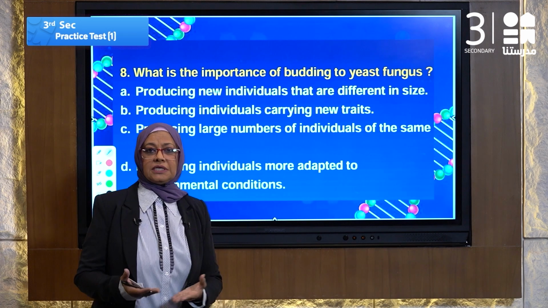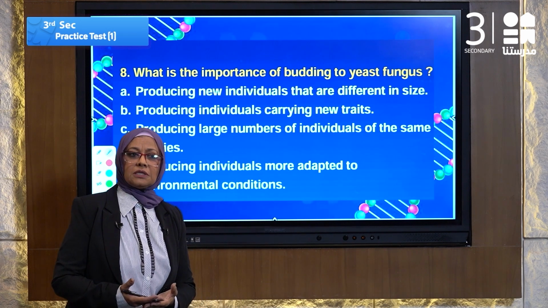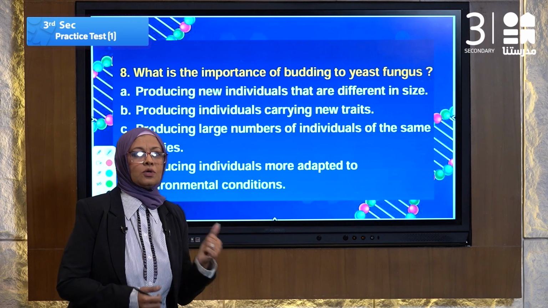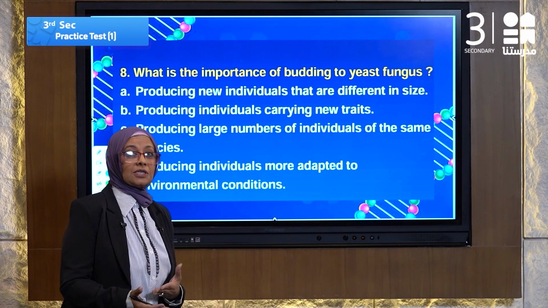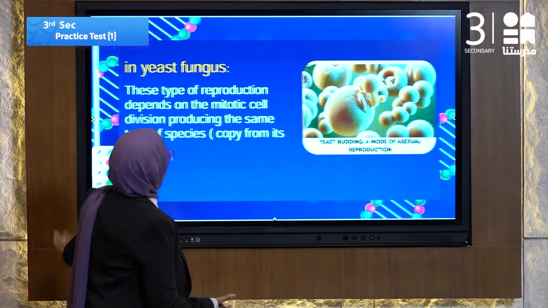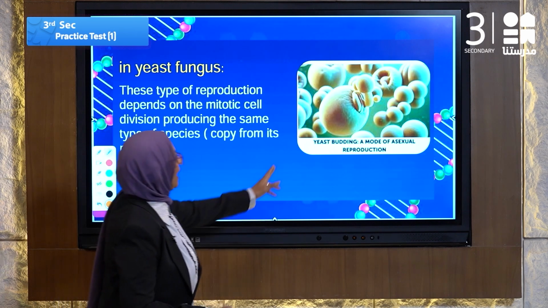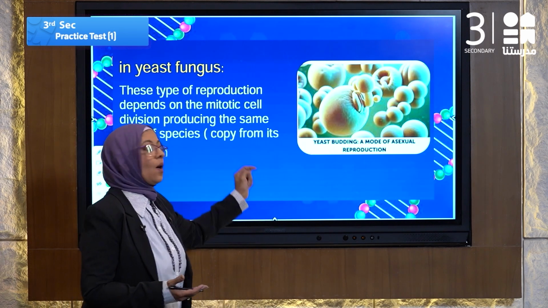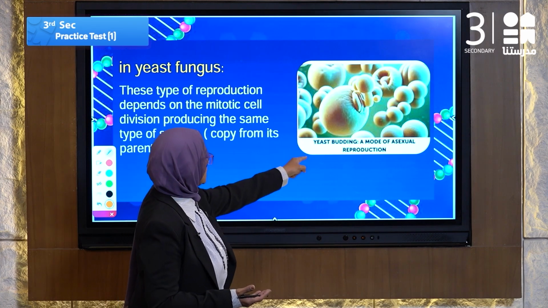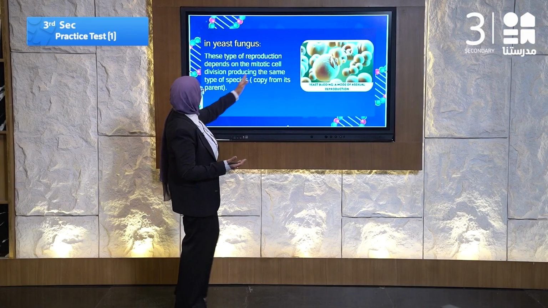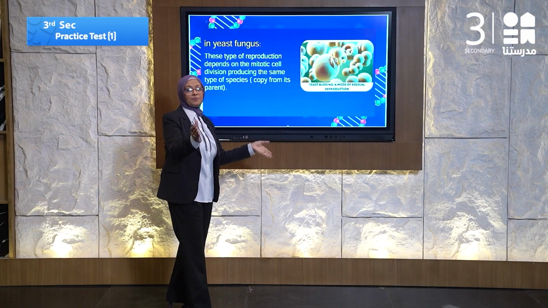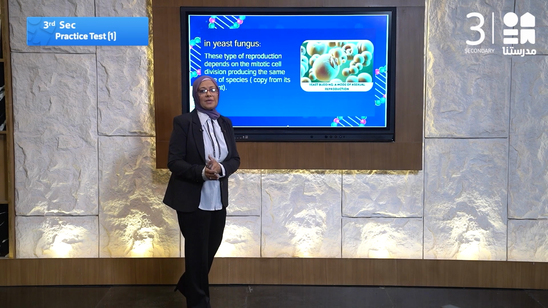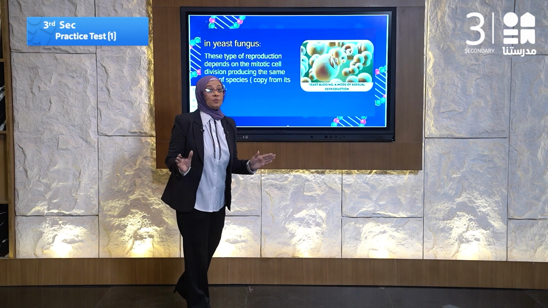How does the yeast fungus reproduce? The yeast fungus reproduces by asexual reproduction. Asexual reproduction depends on mitosis. Is that yeast budding? In mitosis, the living organism has the same species, the same type, and the same characters as its parents.